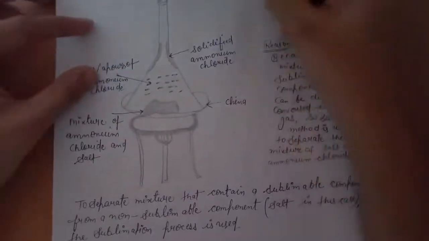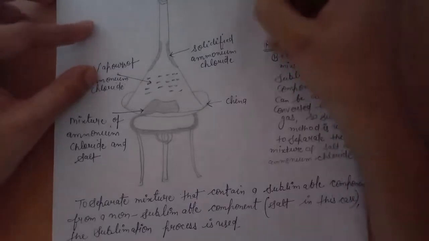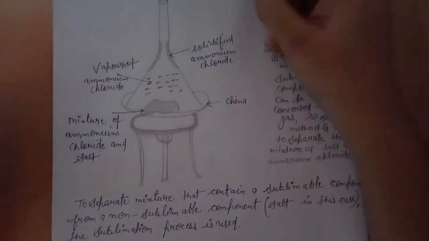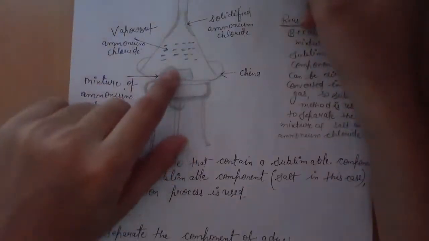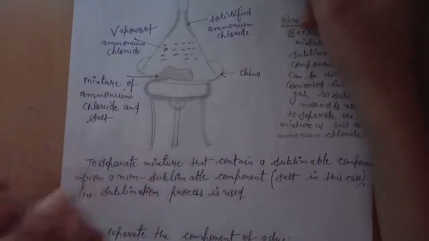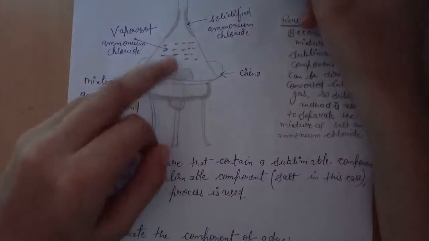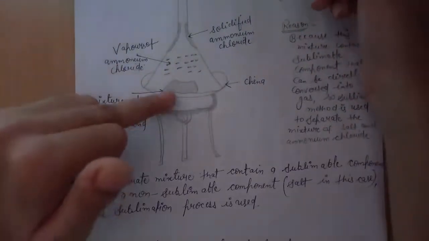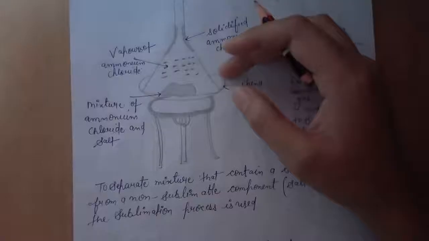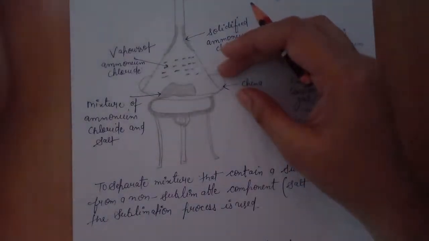And salt is not sublimable. If we heat the salt, firstly it converts into liquid phase, and after that it converts into gaseous phase. So when this mixture is heated, firstly vapors of ammonium chloride are formed, before the vapors of salt, because salt is not a sublimable component.